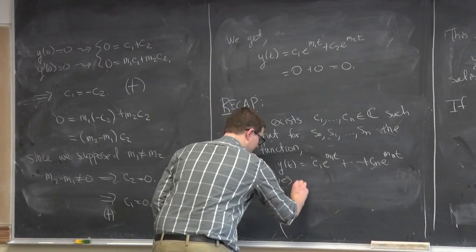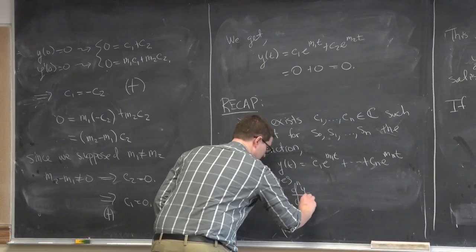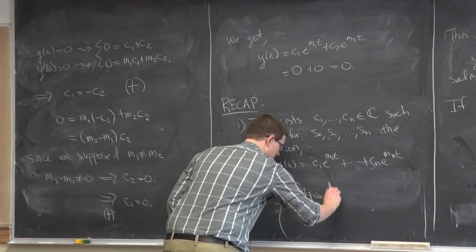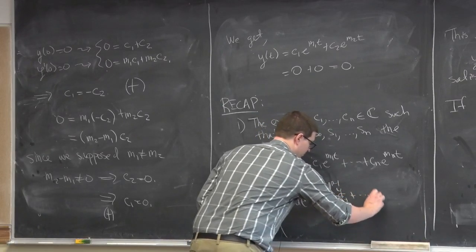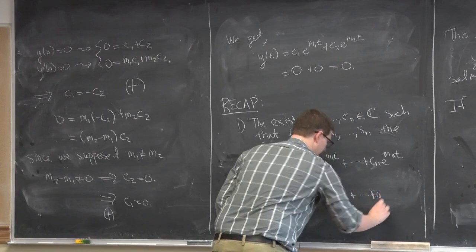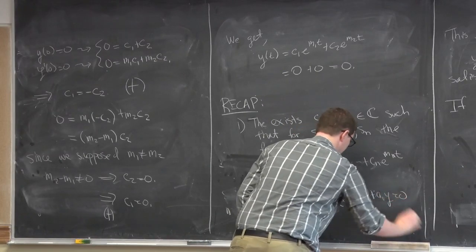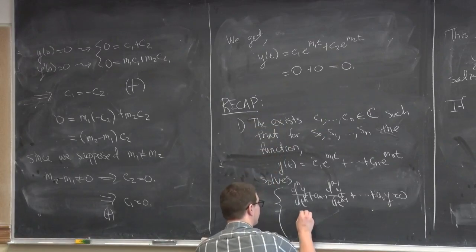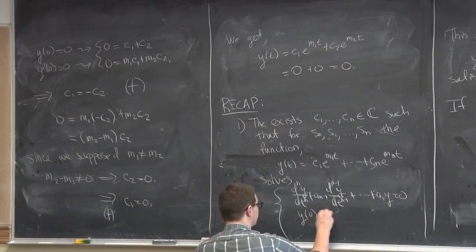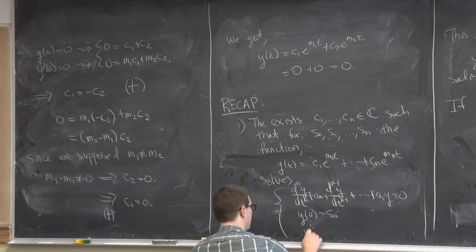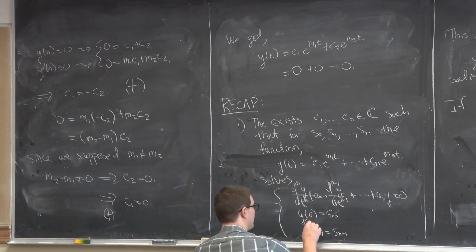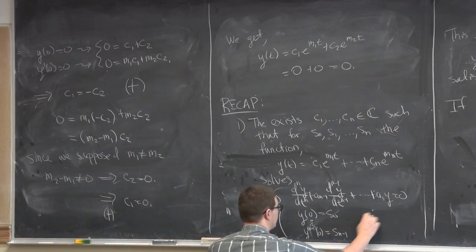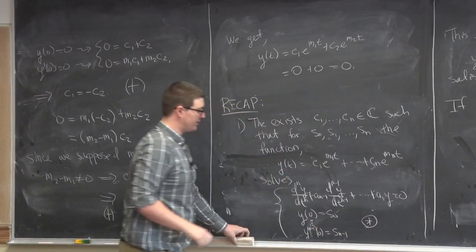So we have our differential equation, plus a0y. And then we have the initial conditions, n initial conditions: y, and then the nth derivative, n minus first derivative, Sn minus 1. So this stuff here is what I called star, and this is what's called the initial value problem for a differential equation.